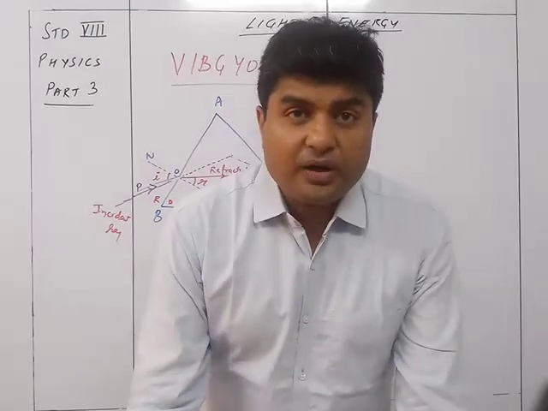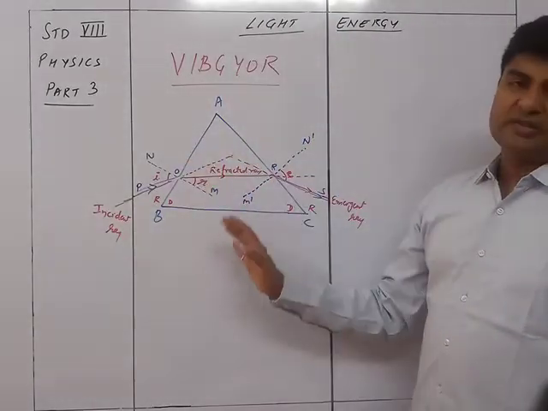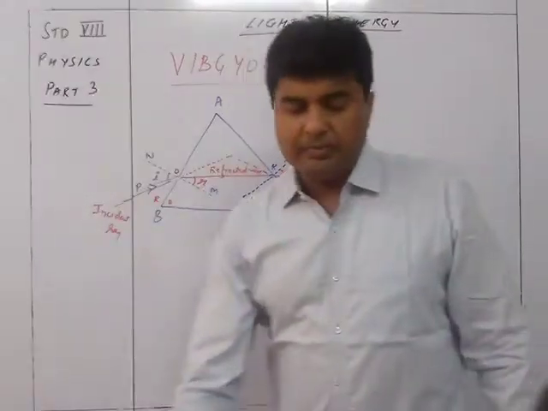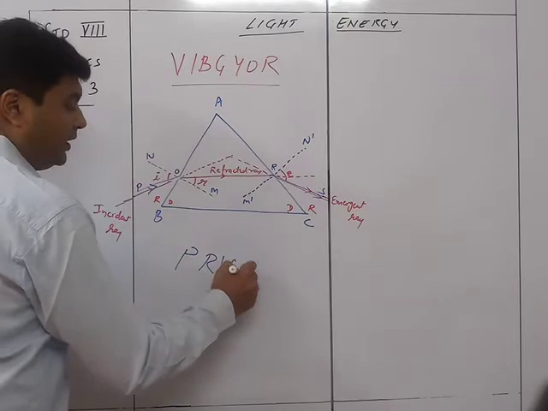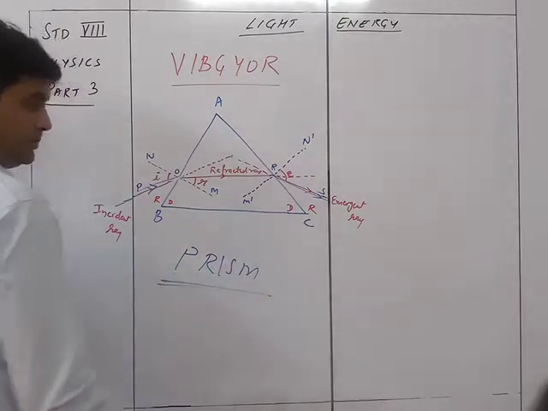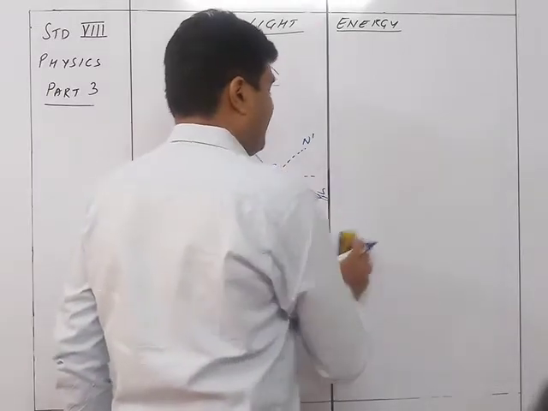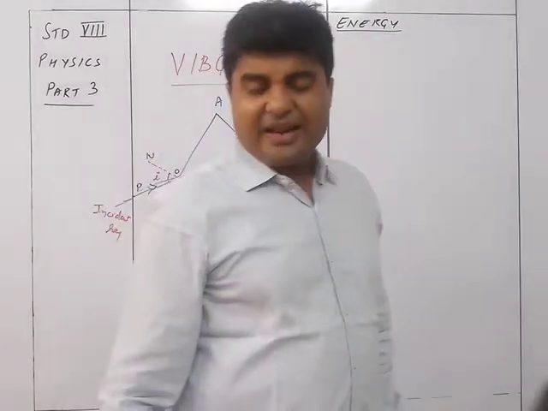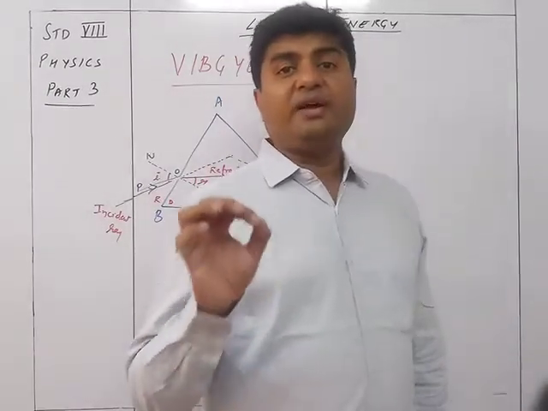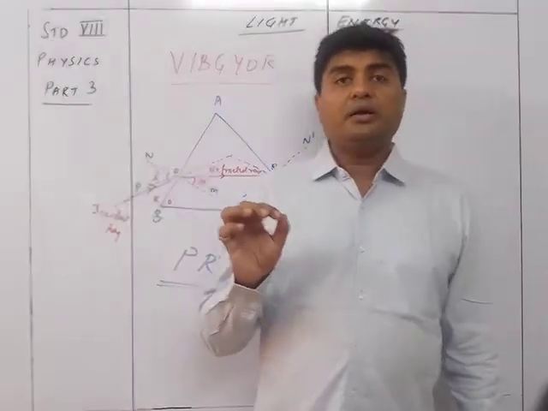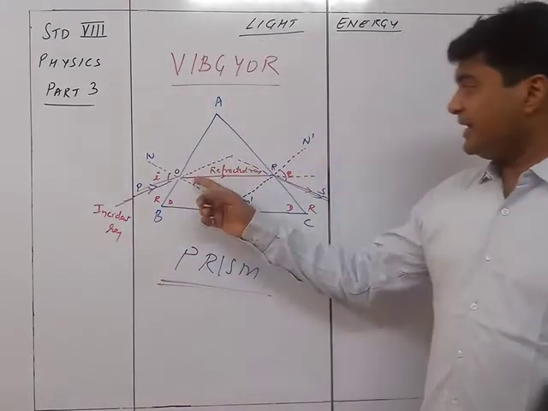Now if I am taking a single color, then the refraction through a prism is going to be this way. The refraction of the prism is going to be in this manner when it is a single color. But if it is not a single color, then each and every color will have a different angle of deviation. See, you can see the light is getting deviated.